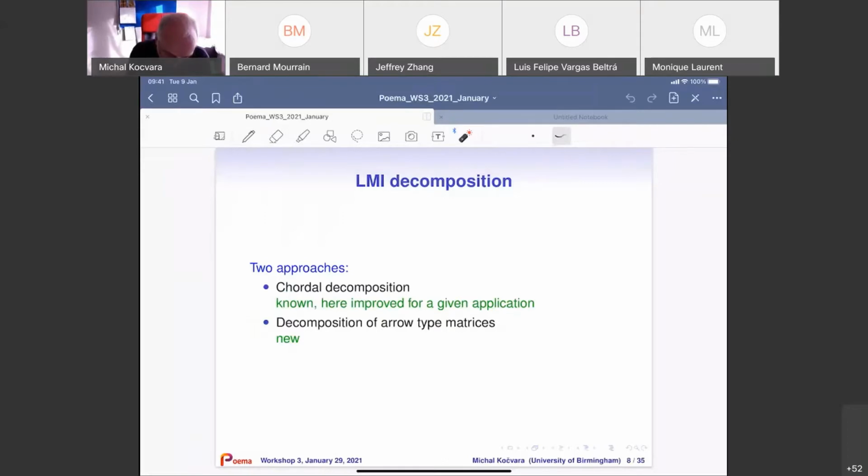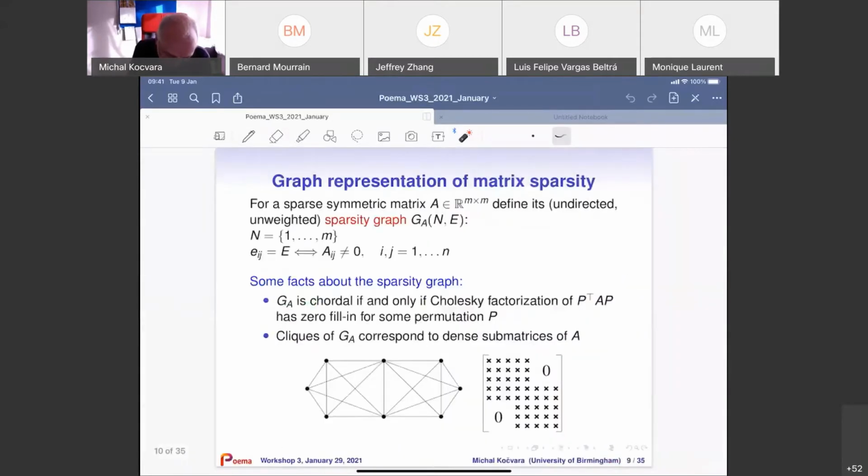So what is the chordal decomposition? I need to introduce a little bit more notation because it's based on a graph representation of matrix sparsity. So assume we have a sparse matrix A, and we want this matrix to be positive semidefinite. The sparsity graph of that matrix is a simple, undirected, unweighted graph.